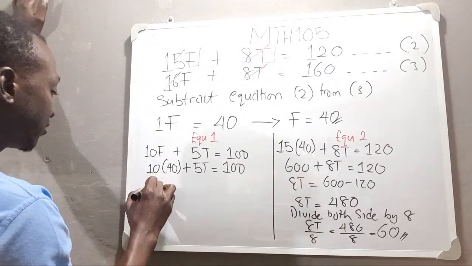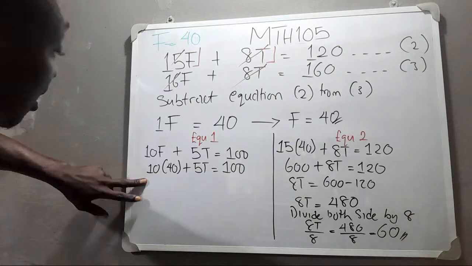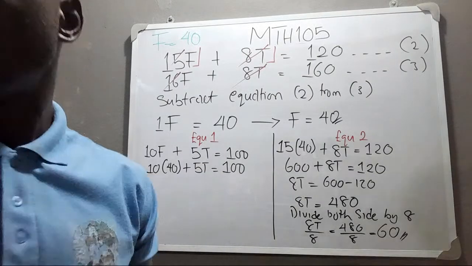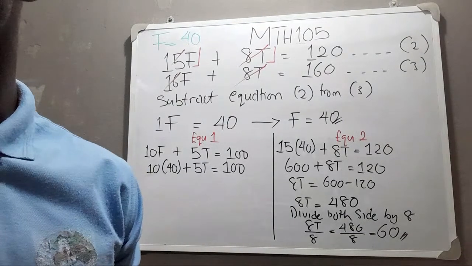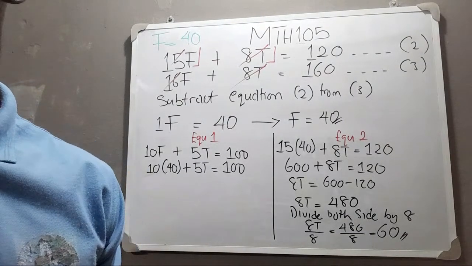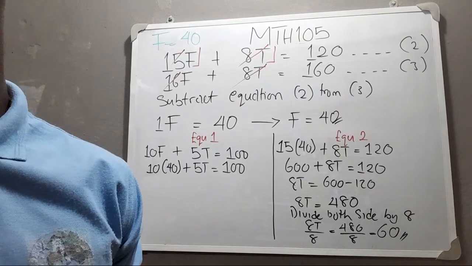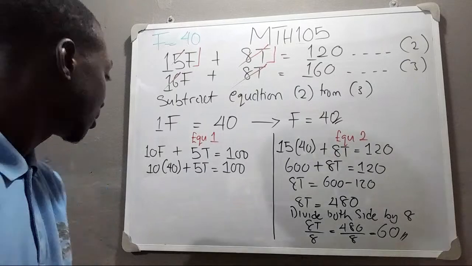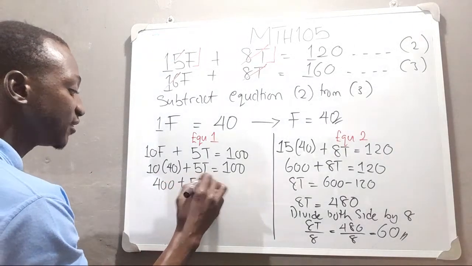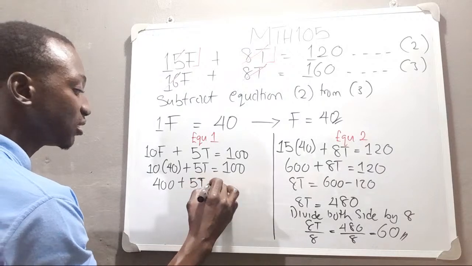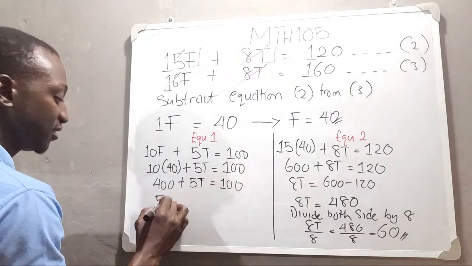So we have 10 multiplied by 40, that should give us 400 if I'm not mistaken. Yeah, we have 400. So that's 400 plus 5t equals 100.